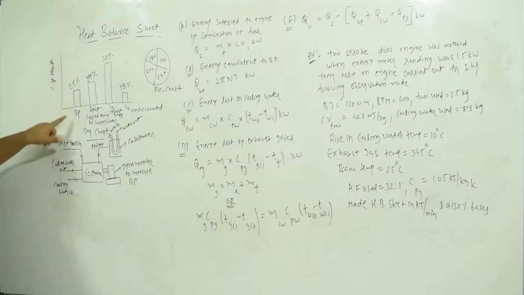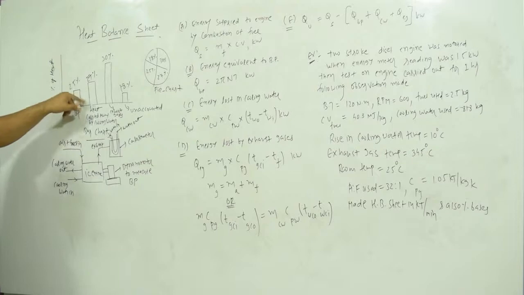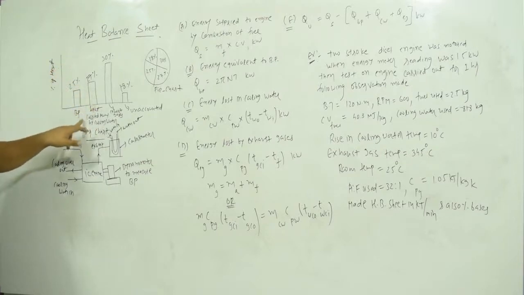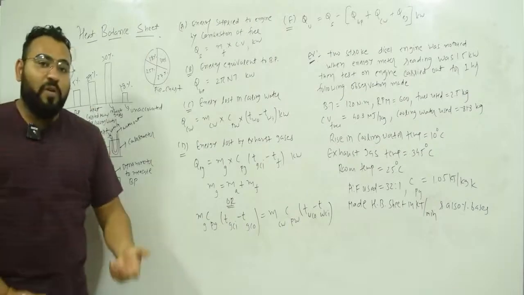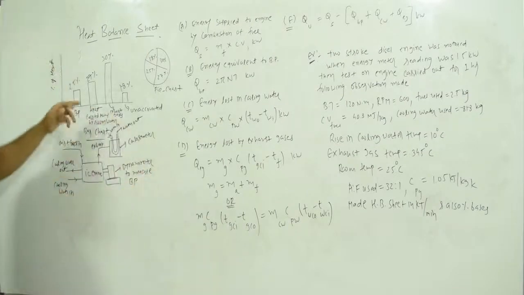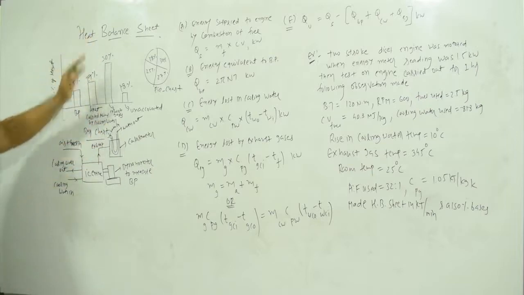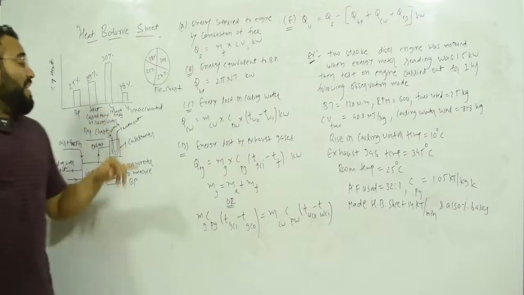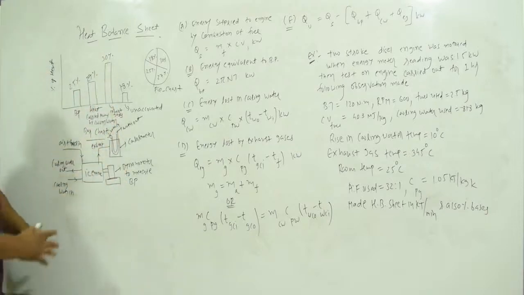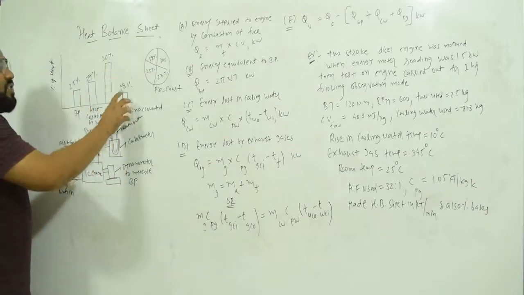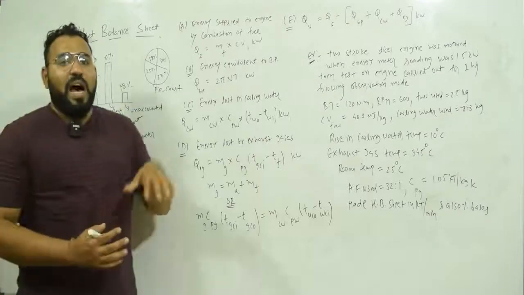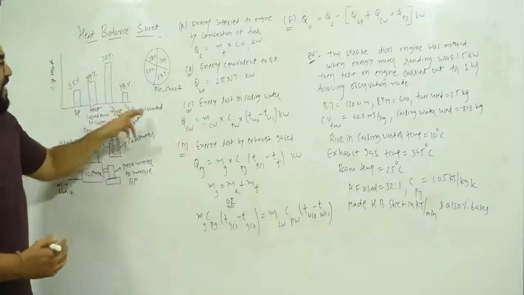The remaining energy is wasted: 27% of the heat is carried away by the cooling water, which we use for cooling the engine. 30% of the heat is wasted by the exhaust gases, and 18% is unaccounted heat loss, where I don't know exactly how it is spent.